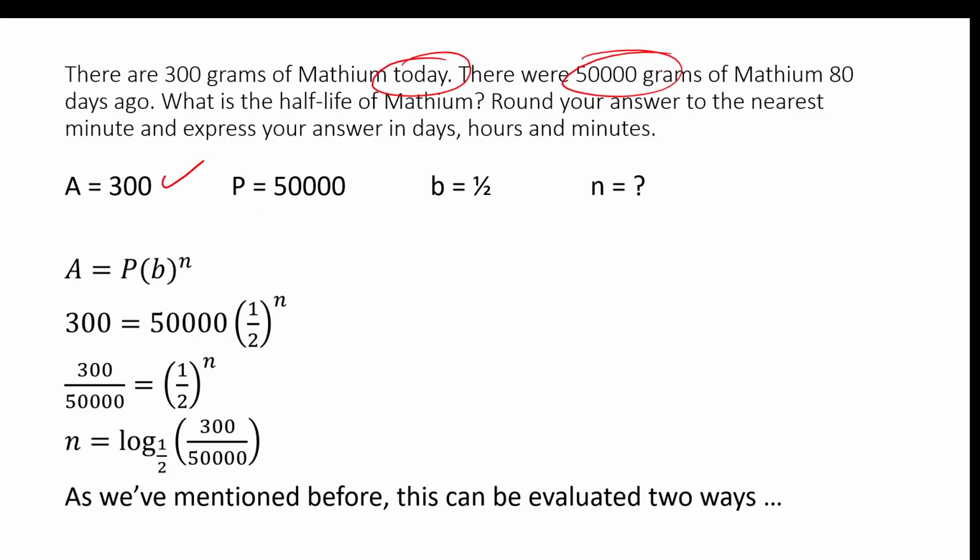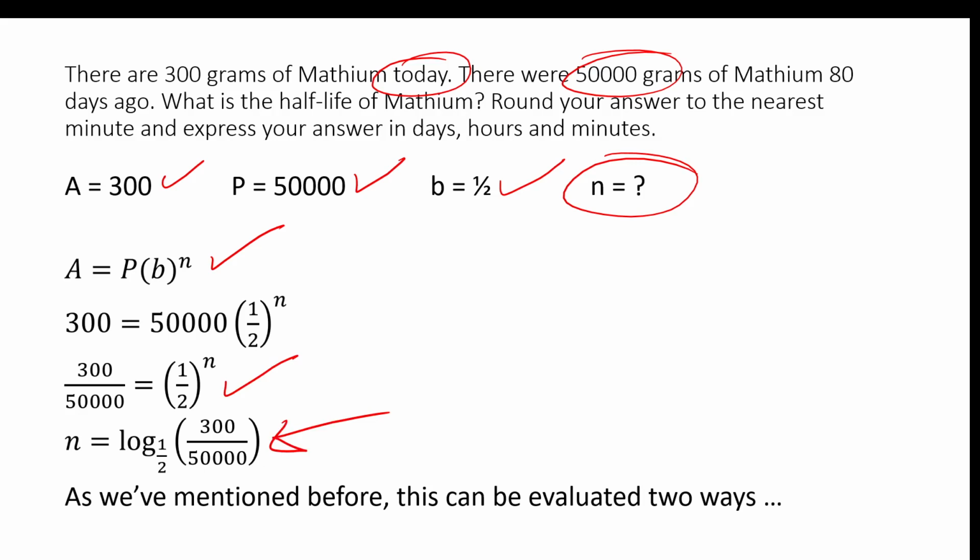The initial amount is 50,000 because that's what there was earlier, 80 days ago. We know anytime it's a half-life question, B is 1/2, but we don't know what n equals. So we set up our equation. That's always helpful. Divide each side by 50,000 and come up with this expression for n. N is the log base 1/2 of 300 over 50,000.